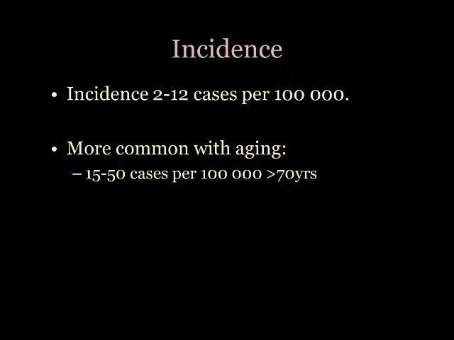It's relatively common, but much more common as you get older, and so it's very uncommon in people who are younger than around 50. Pretty uncommon to get it in people in their 40s and 30s and 20s, but much more common as you get older.